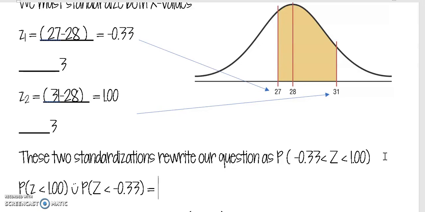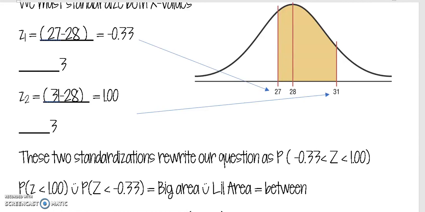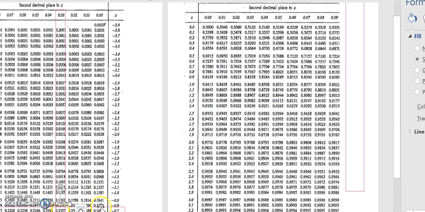So I'm going to take the big area minus the little area to get the between area. So the area to the left of 1, when I consult my handy dandy z table, is, I have to go to 1.0 on the positive side and 0.00 also.